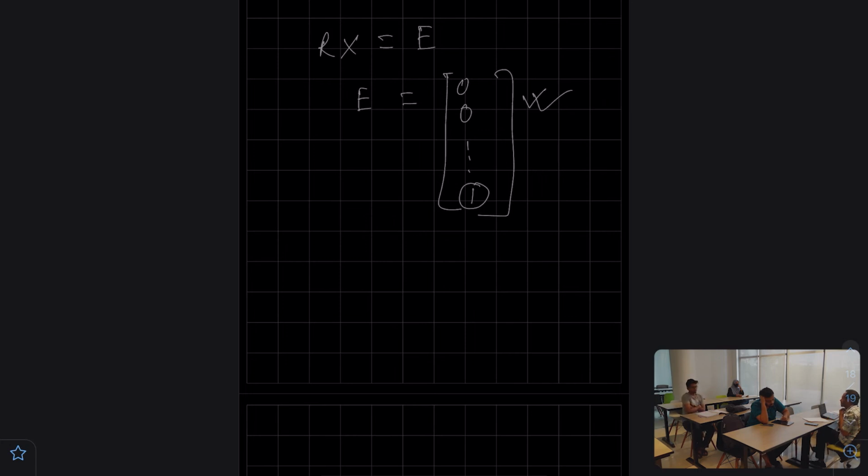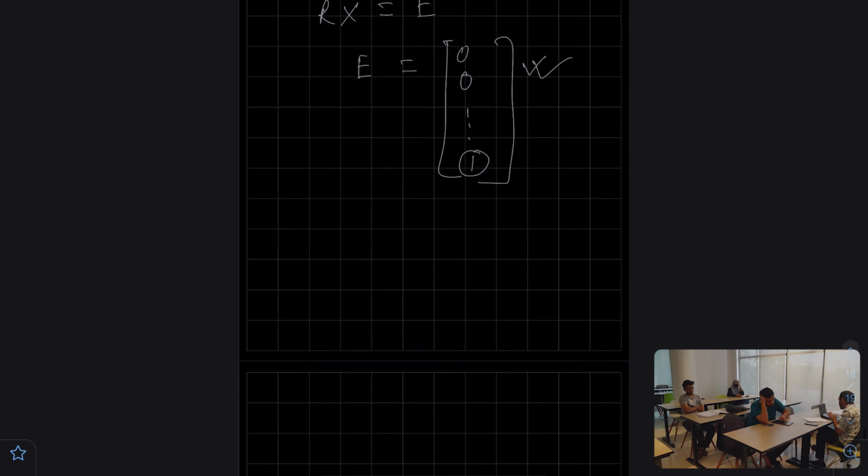Does it make sense? Okay. That means everything else can be 0 except the last row. Right? But if the last row of R is non-zero, then is it possible that every other row above the last row is 0? Because in a row reduced echelon matrix, we know that all the zero rows are at the bottom of that matrix, right?